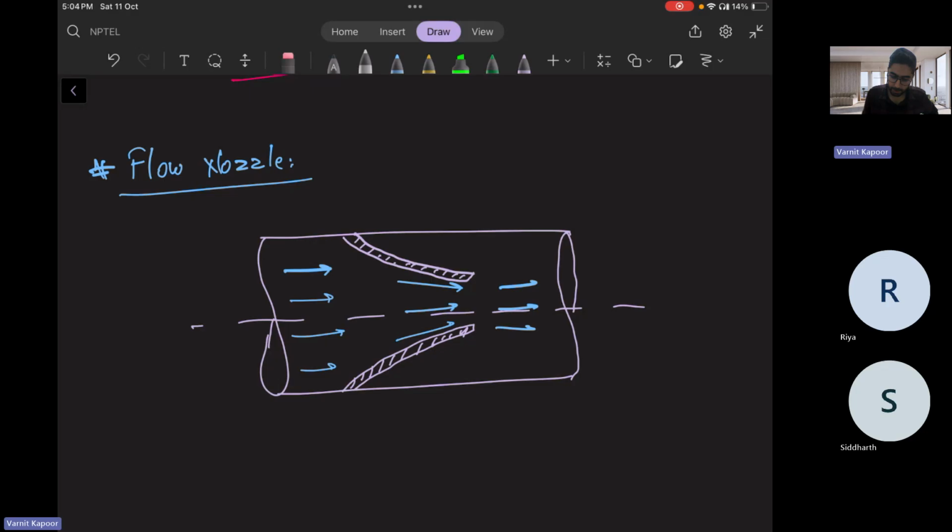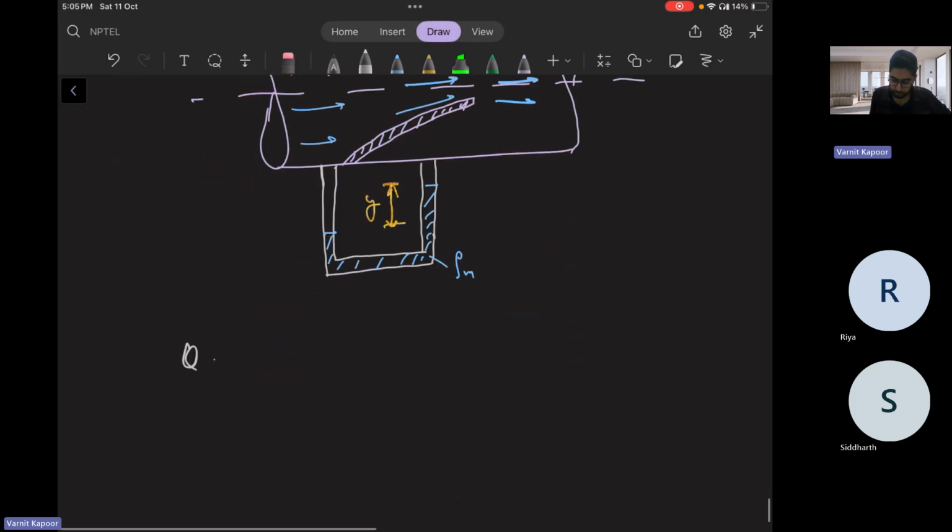So again, we need to use a manometer here. One section is this, one section is this. Again, pressure will be high here. Rho m, and this will be rho of L. This distance is y. So again, the relation of Q will be CD A1 A2.